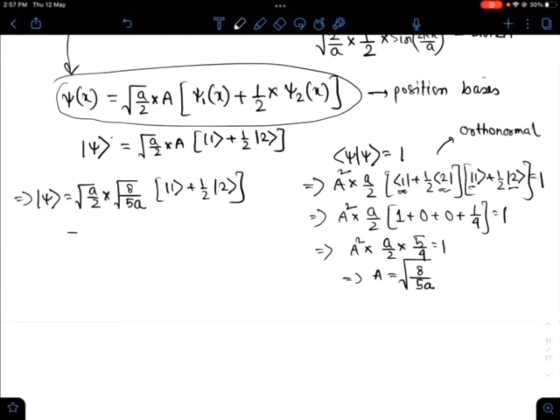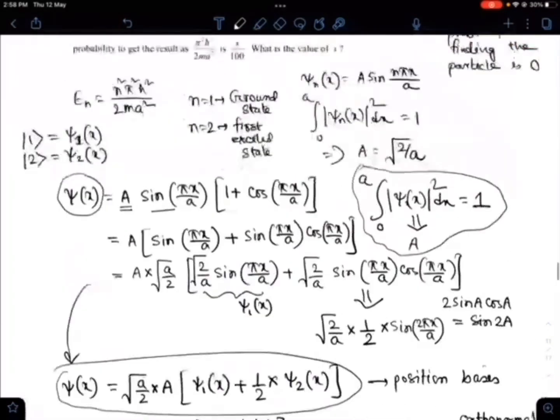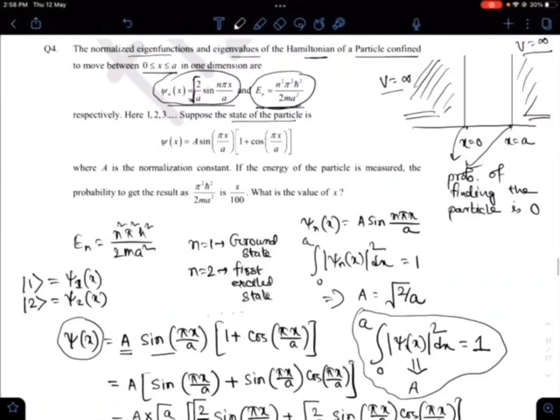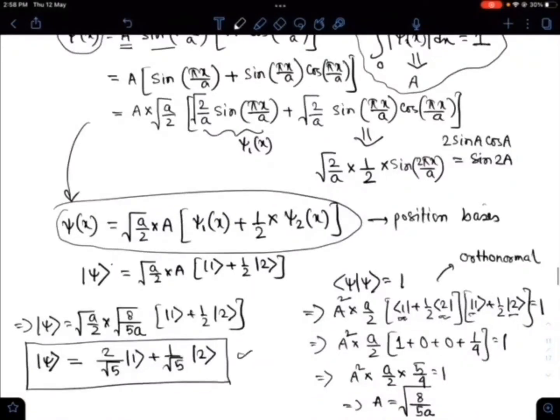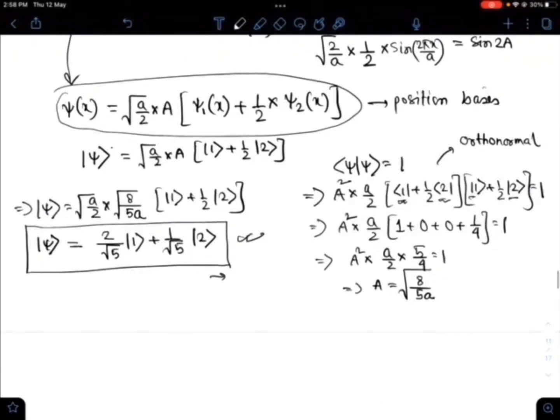So this a will be cancelled out, and we only have this term 2 by root 5 |1> plus 1 by root 5 |2>. So this is our wave function. The state of the particle is this, in bracket notation.